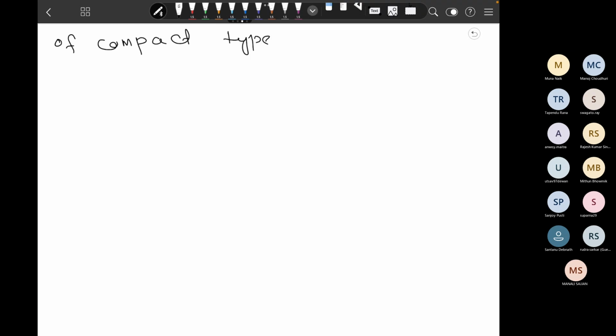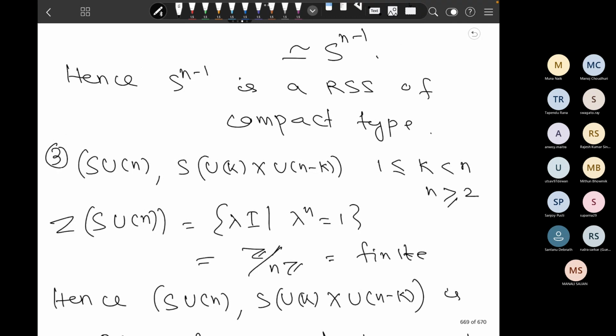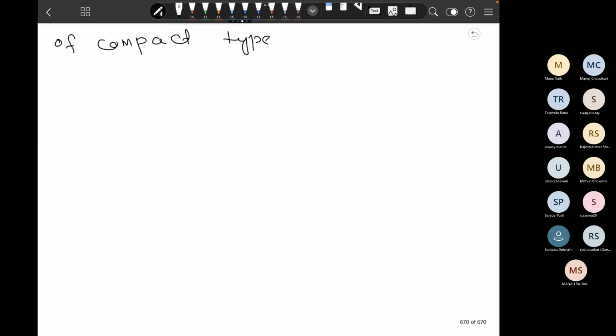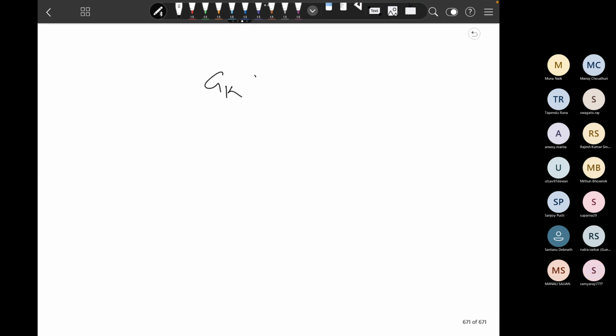Okay, so the next example is interesting. See, the thing is Gr_K(C^N) has two representations.